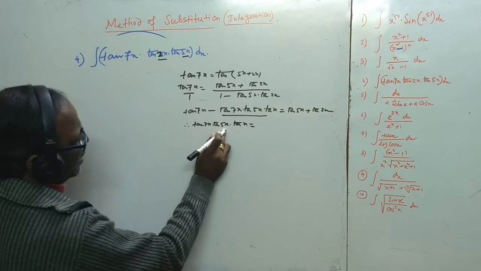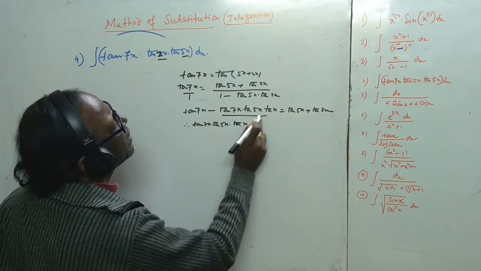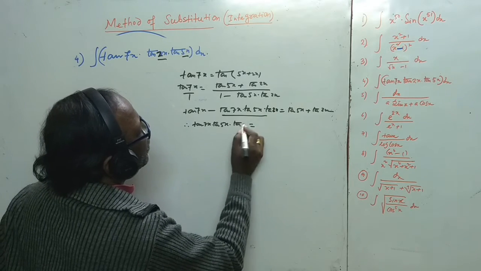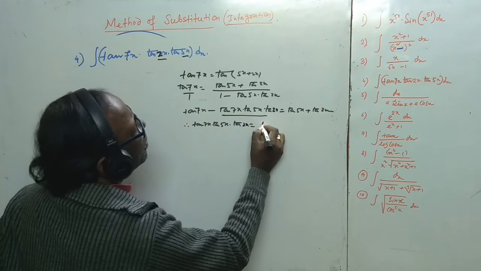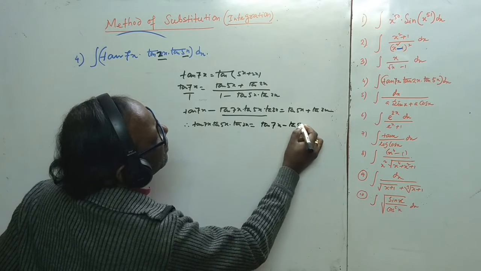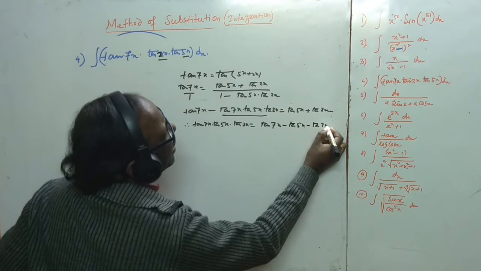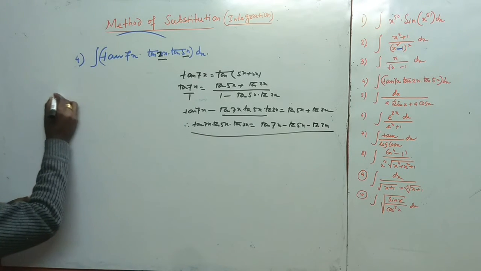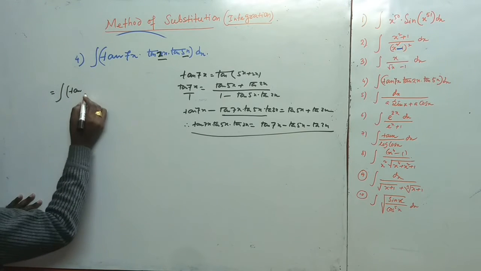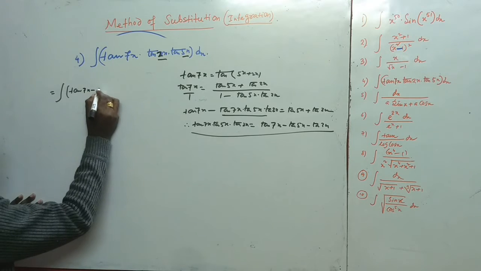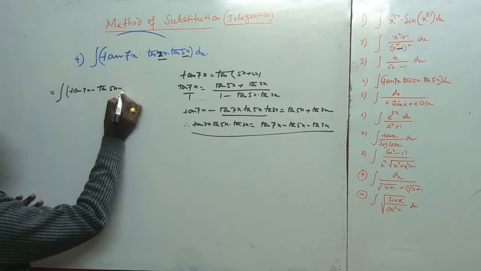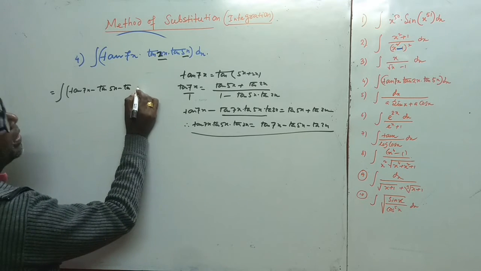This tan 7x tan 5x tan 2x is equal to tan 7x minus tan 5x minus tan 2x. Okay, this is substituted here, that is in place of product we represent it as addition, I mean to say subtraction is called addition property.